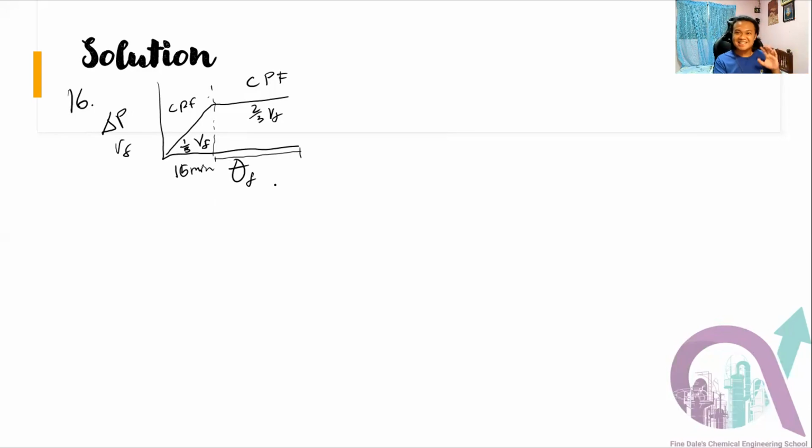So that's a bit crazy. That's how the problem is structured. So now we will have to find the CPF and CRF portion, so that we can find the time.